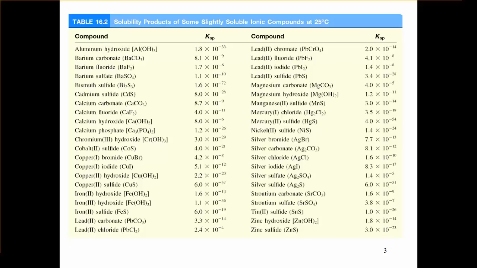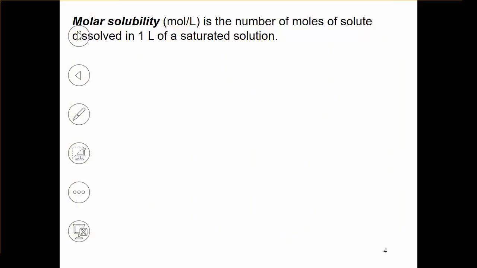Oh, look at this one: bismuth sulfide, 1.6 times 10 to the negative 72. So that's kind of how these KSPs tell us the solubility of these things, what's more soluble and what's less soluble at certain concentrations.